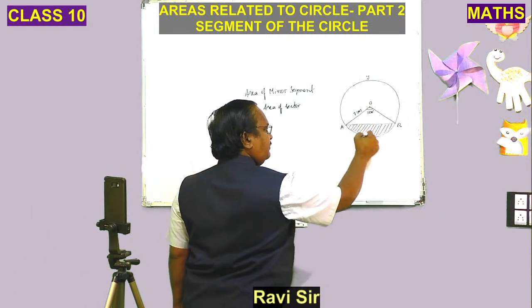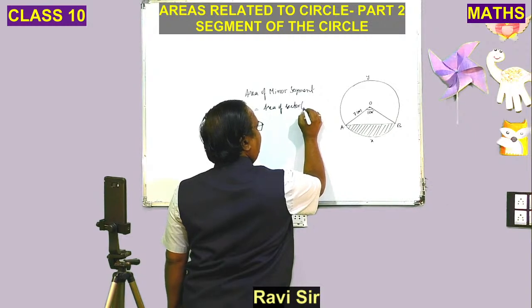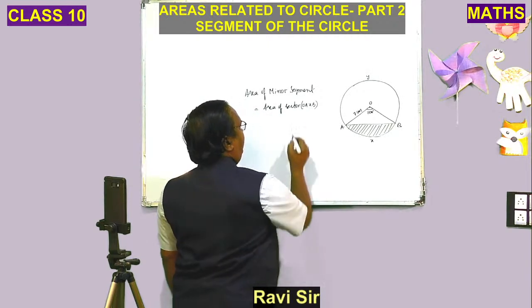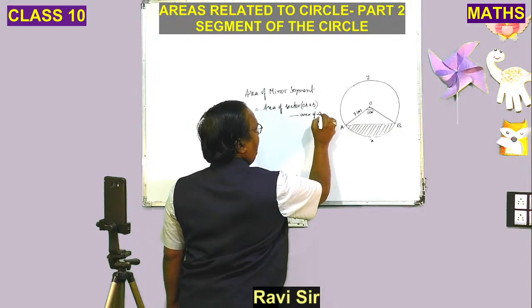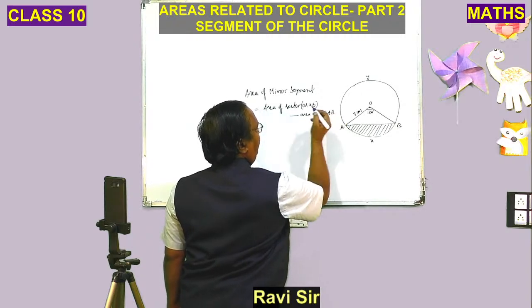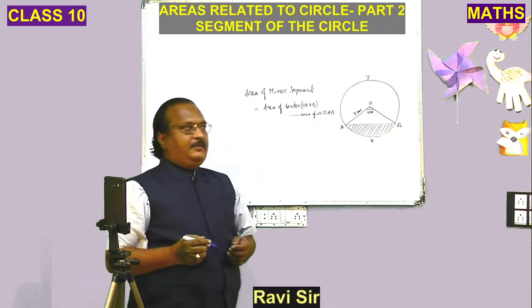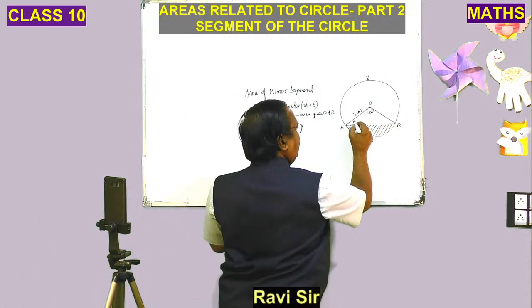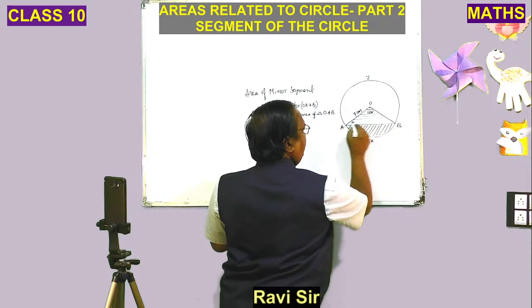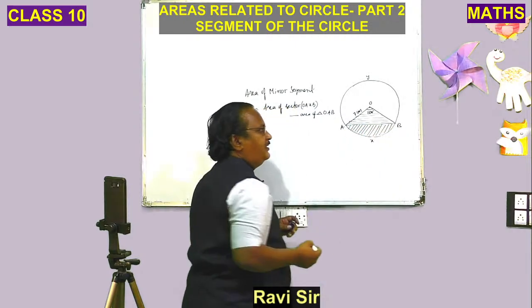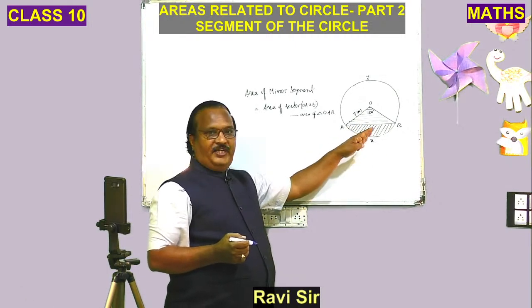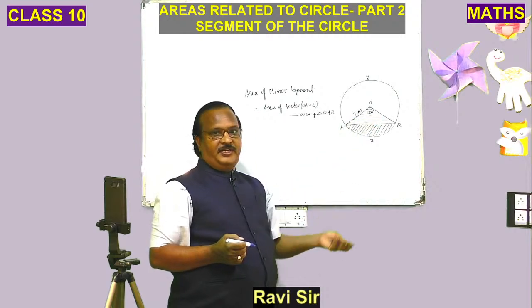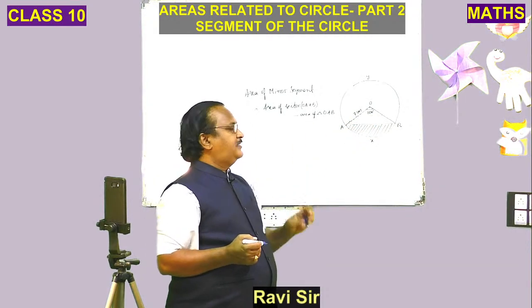You have to take the minor sector, area of sector OAXB, minus the area of triangle OAB, because both shaded regions together are nothing but the sector. We want only the diagonal shading. So you remove the horizontal shading from the whole thing, and you will get the diagonal shading.